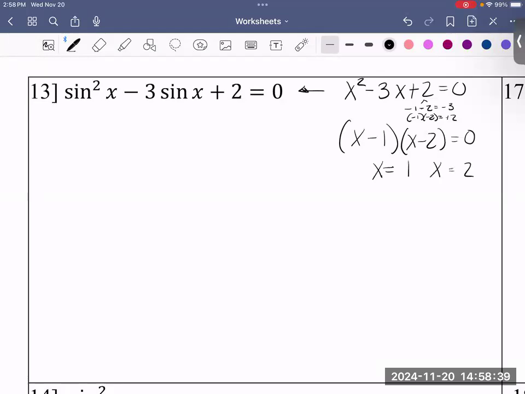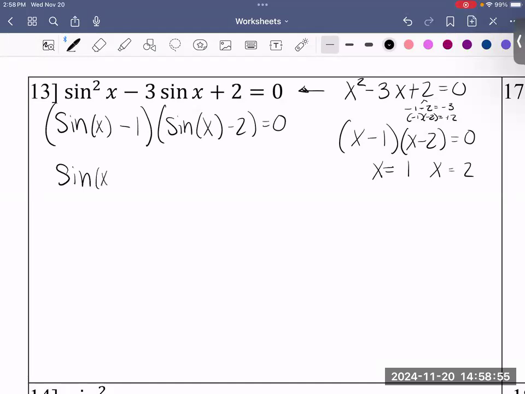We don't just have x's, though. We really have sines. So we can replace your x's with your sine. So sine minus 1 and sine minus 2 is equal to 0. Therefore, sine of x is equal to 1 and sine of x is equal to 2.